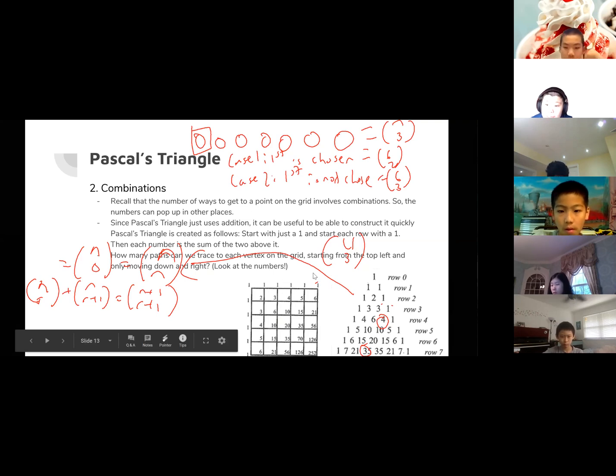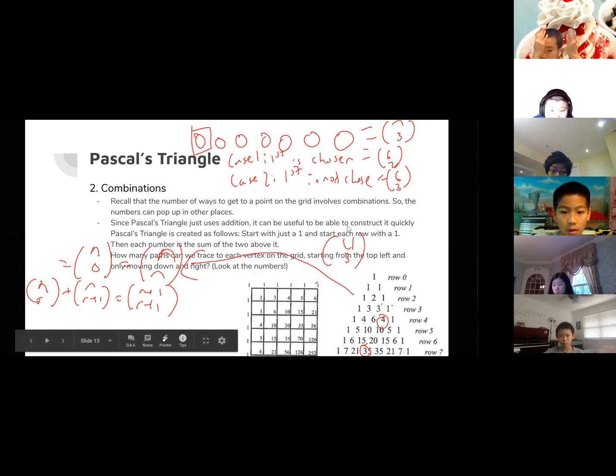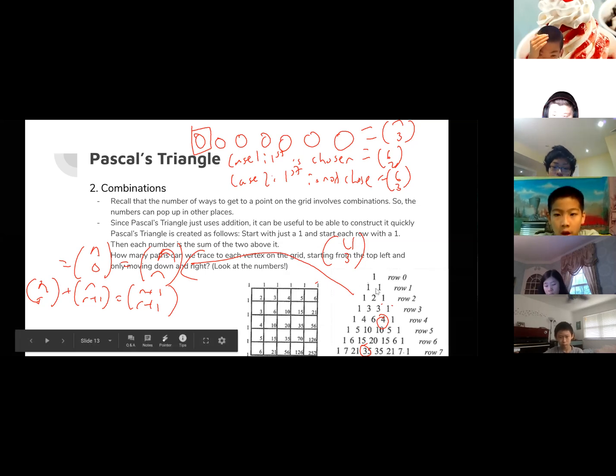It's possible that Pascal's triangle, in some cases, will be easier to calculate than combinations, especially if you have to do a lot of them, because when you're constructing Pascal's triangle, you have to make every row anyway.